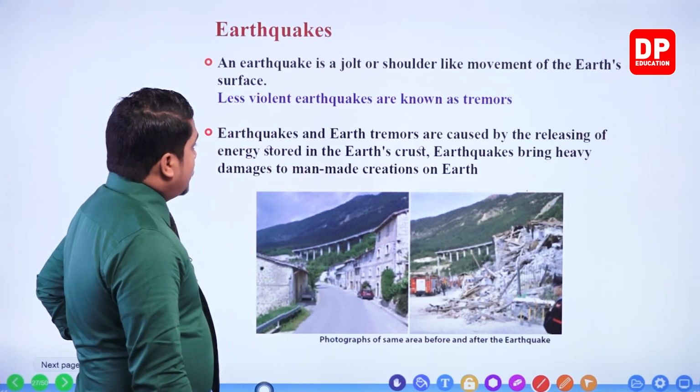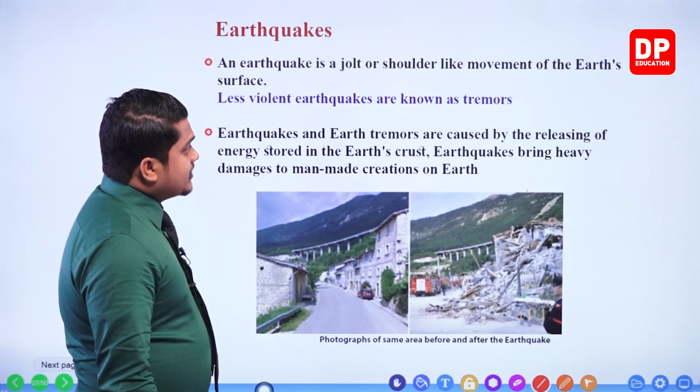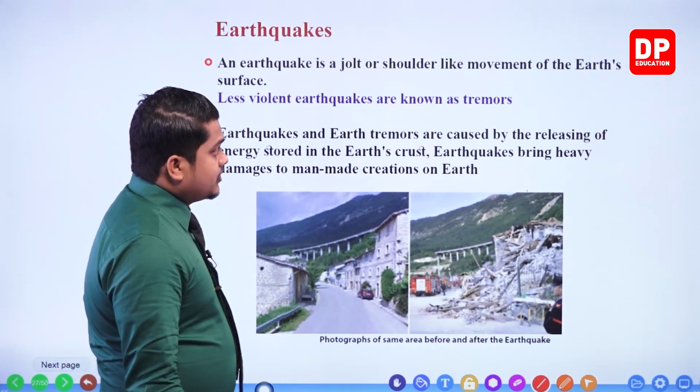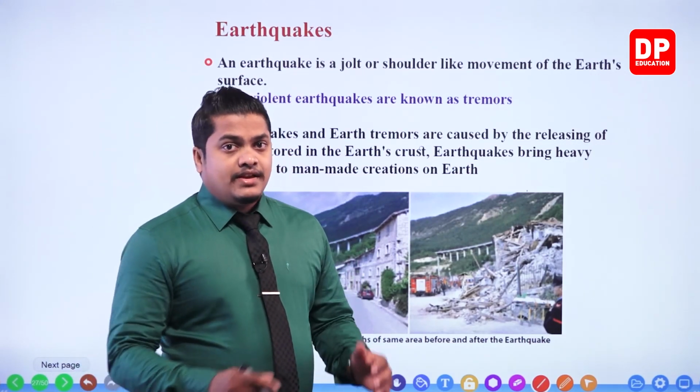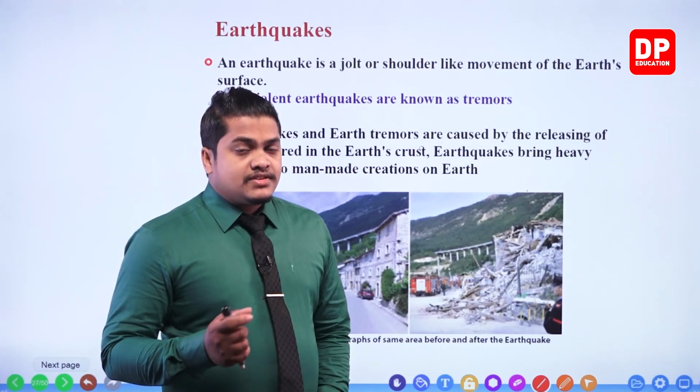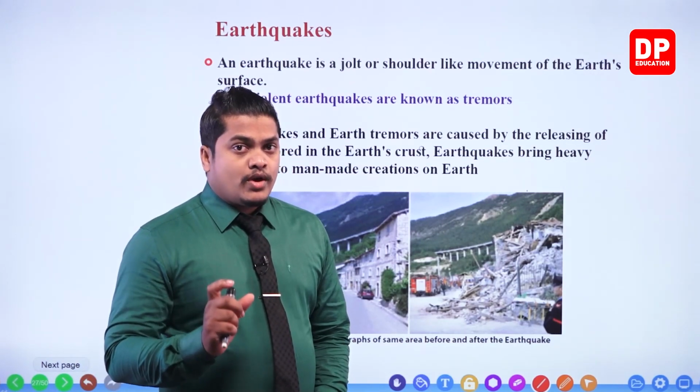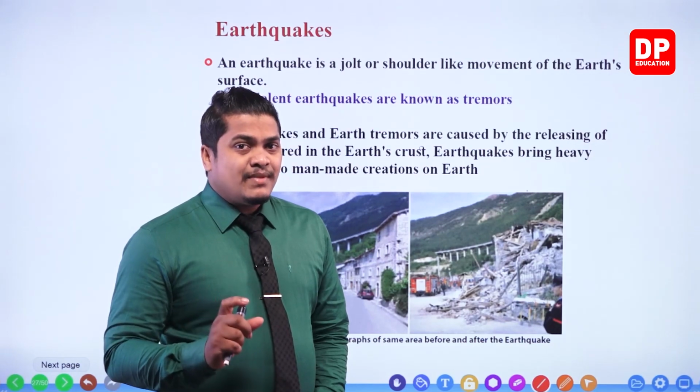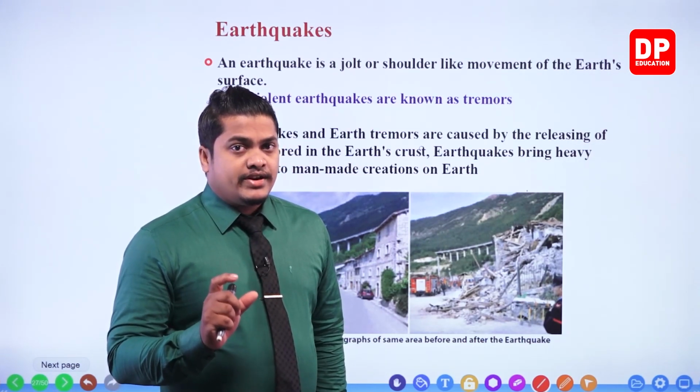Then, less violent earthquakes are known as tremors, right? Less violent means if a certain earthquake happens at a lesser magnitude, then that is called a tremor.